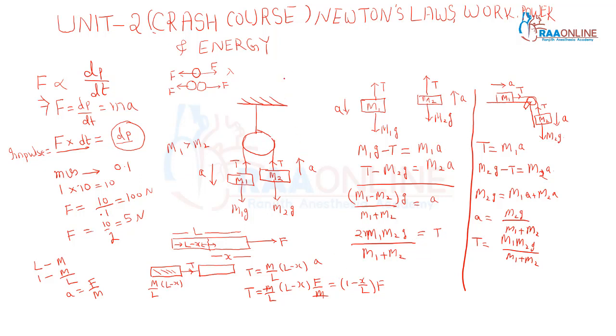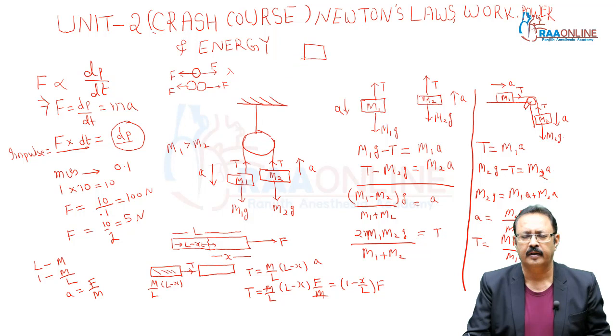They can ask this type of problem also. You have 2, 3 or 4 masses, and we are applying a force F. What should be the tension in this part?